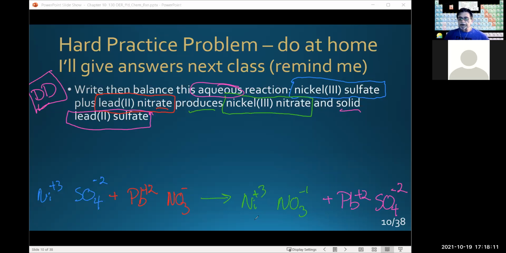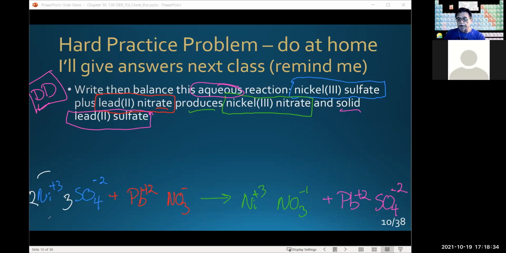All right, now, aqueous solution. What we've got to do is put these together in the formula so we can put them up there. Now, notice here we've got nickel 3 and sulfate as a 2. We have a disparity in charges, but like we've done before, we just use a common factor. And so we're going to need 2 nickels and 3 sulfates.